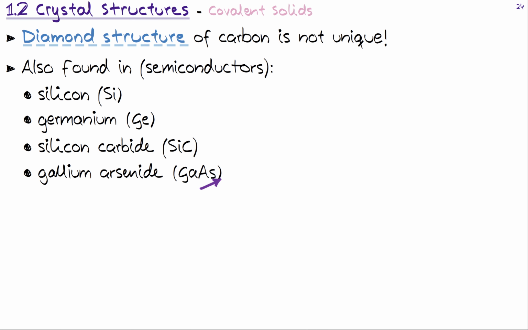But the terminology here differs. We don't say that gallium arsenide and silicon carbide are forming a diamond structure anymore, but rather that they form a zinc blende structure, because we actually have two different elements forming the compound.